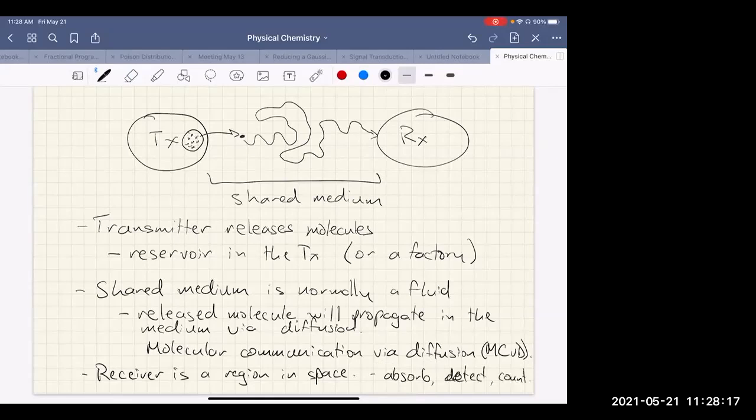It doesn't necessarily need to do any of these things, but these are the sorts of concepts that it can do. So if you imagine this randomly propagating molecule, it can be absorbed on the surface. So this molecule, as it travels, can be absorbed on the surface over here. It doesn't necessarily need to do that. So this would be absorbing. And we talk about an absorbing receiver. On the other hand, it could be non-absorbing. The molecule could continue inside the receiver.